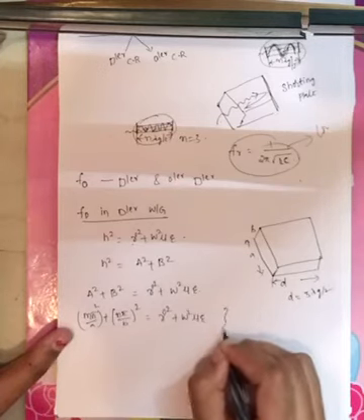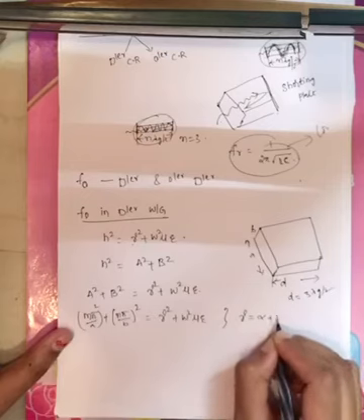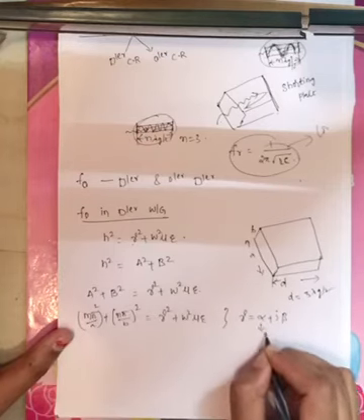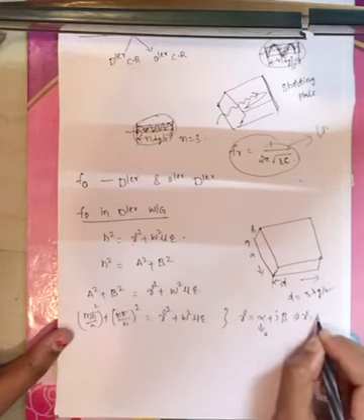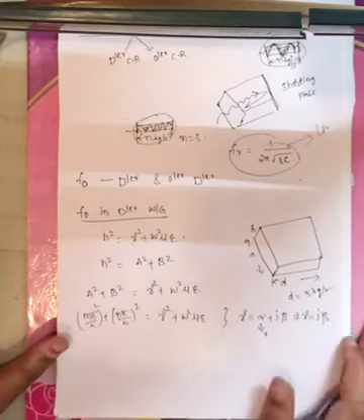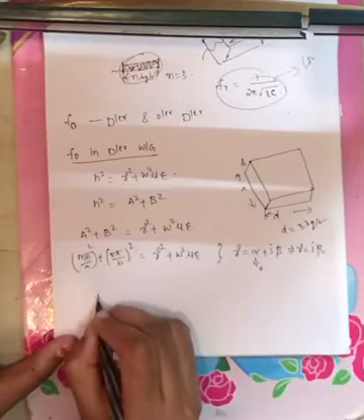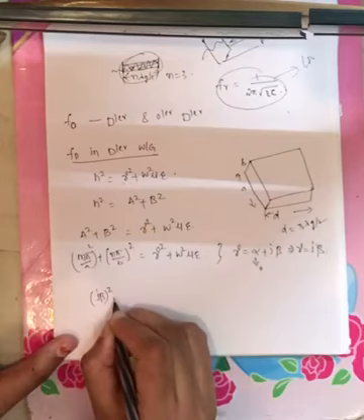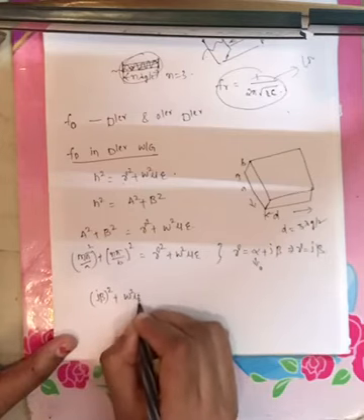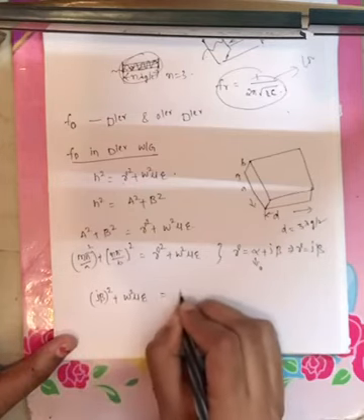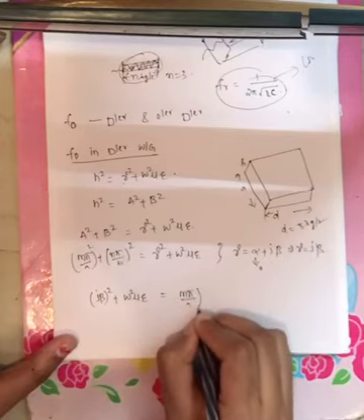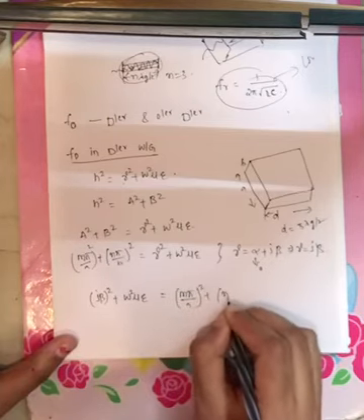Now what is gamma? Gamma is nothing but alpha plus j beta. Now what is the value of alpha? 0, right? Now gamma will become j beta, right? Now substitute gamma equals j beta, that is j beta whole square plus omega square mu epsilon, right? Now this equals m pi by a whole square plus n pi by b whole square.